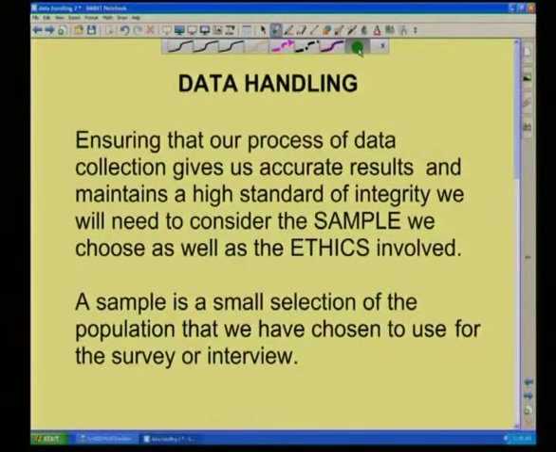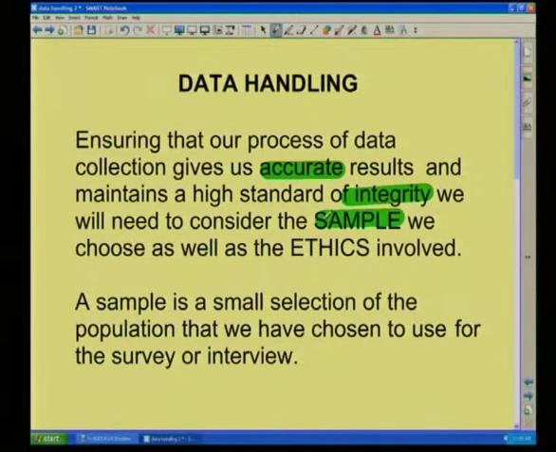So to collect accurate results, we need to also maintain a high integrity with regards to collecting the data. We will need to consider the sample as well as the ethics involved. And these are two things that we need to make sure are correct when we're doing some sampling: accuracy and integrity.